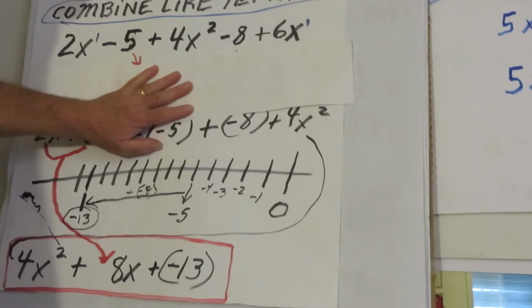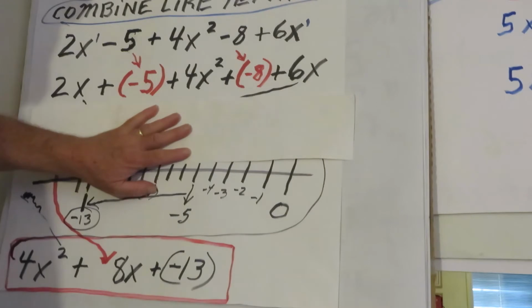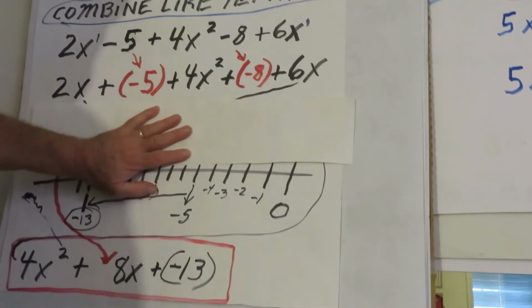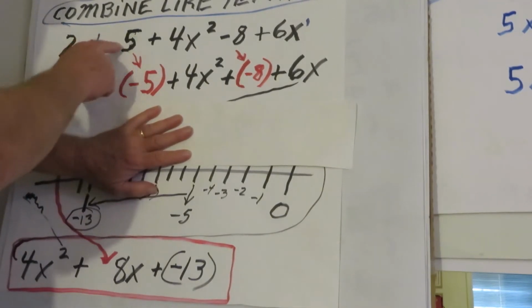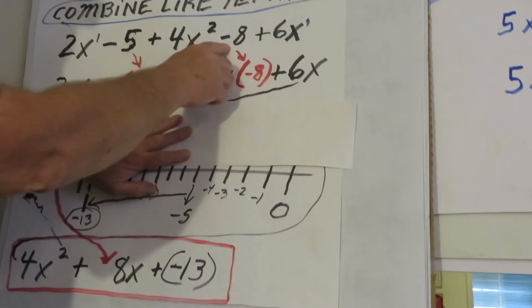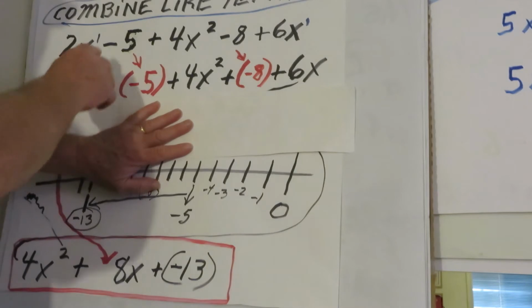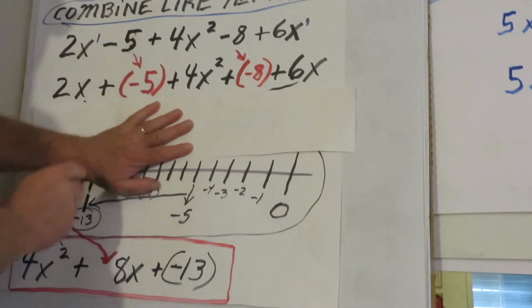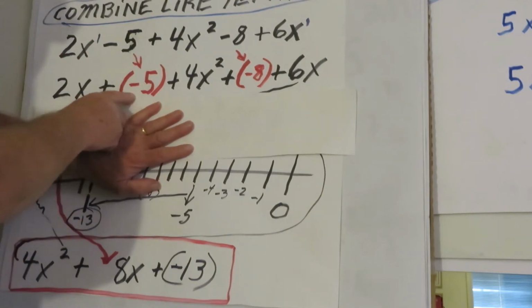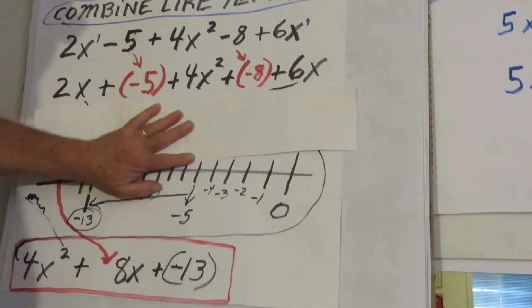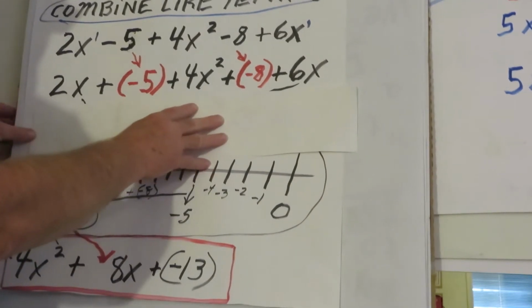So my first step in combining, I want to remind you that what I do with negative numbers will be important as we go along. With a minus 5, I'm going to change it to plus a negative 5. And if you know me, you know I'm always talking about that.